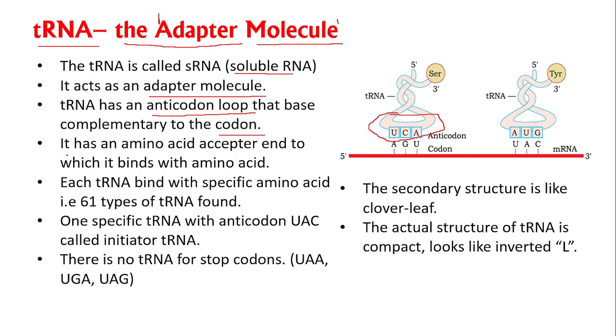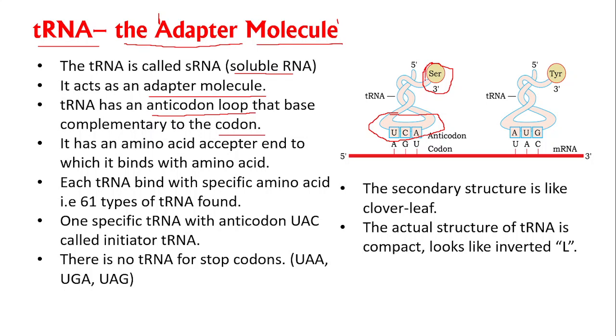Right? Next, it has an amino acid acceptor end, which binds with the amino acid. See here, the amino acid acceptor end is the 3' end of the tRNA, a very important point to be noted.